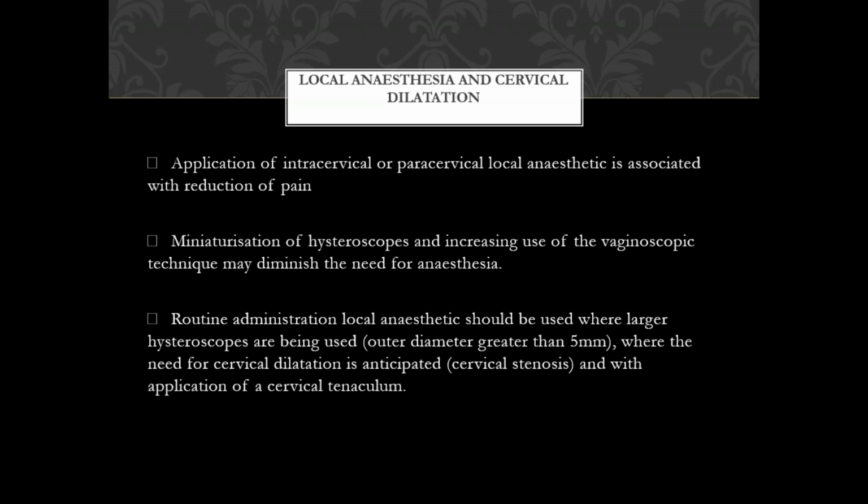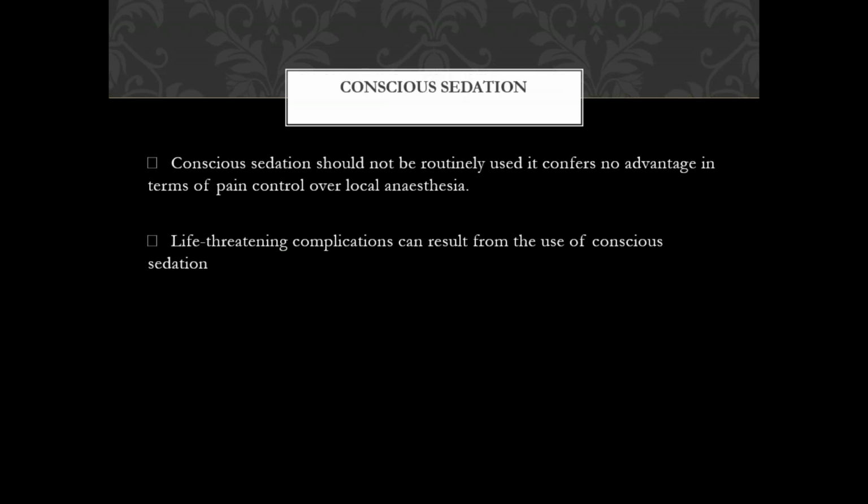There is an important point related to a very common complication, we can discuss it right now, which is uterine perforation. There is a TOG article talking about perforated uterus.